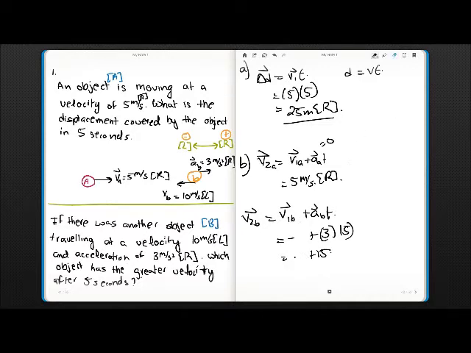So it will be minus 10 plus 15, and we're left with 5 meters per second to the right. Therefore, both objects have the same velocity. Again, it's very simple. It's just subbing in values and using the right equation.